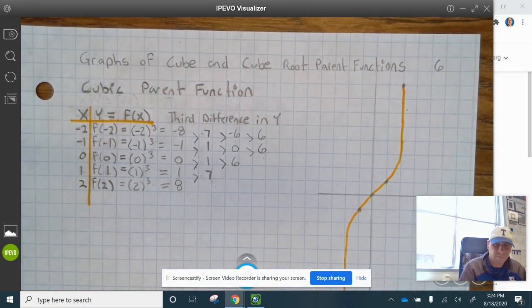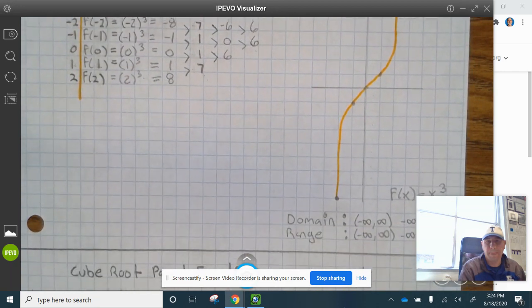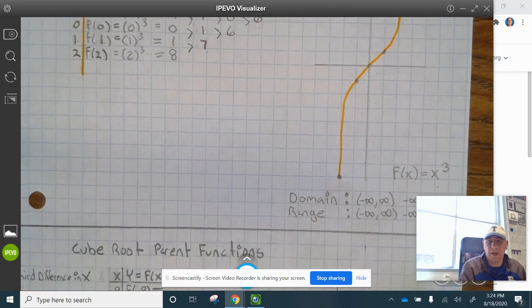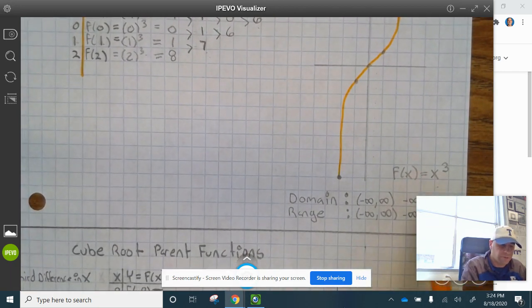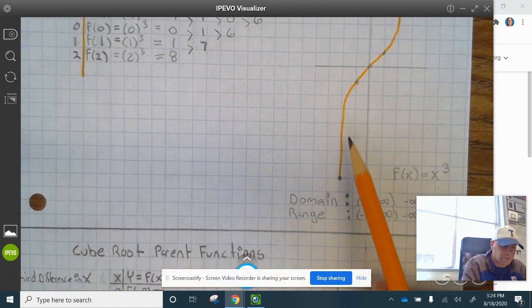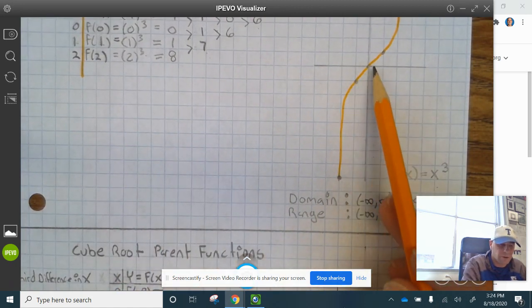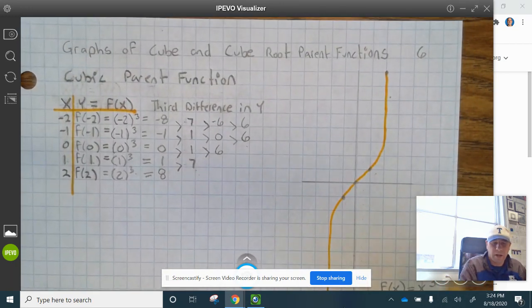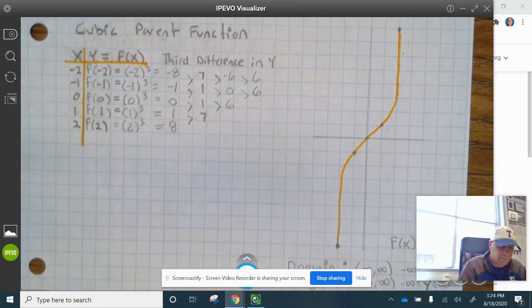All right. So now let's take a look at the function. Well, we know it's f of x equals x cubed. These tables match the graph. You see that -2, -8, -1, -1, 0, 0, 1, 1, and 2, 8.